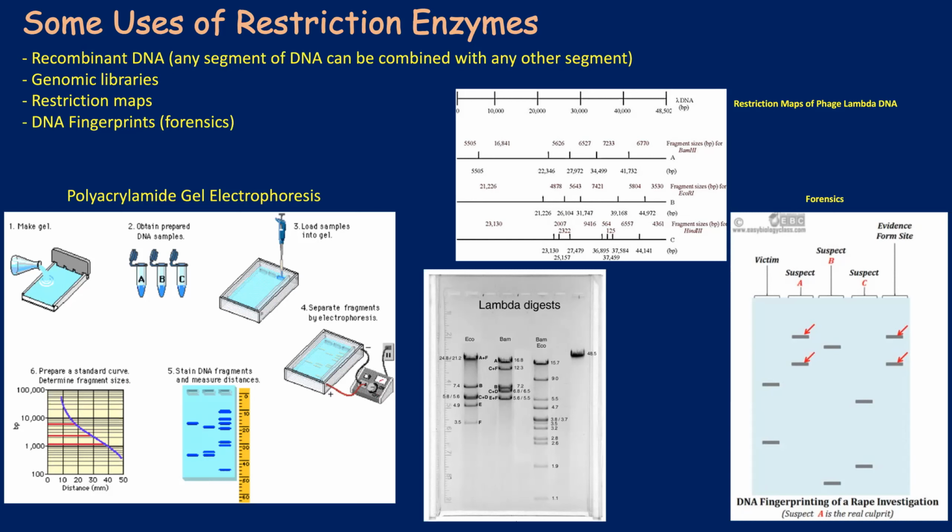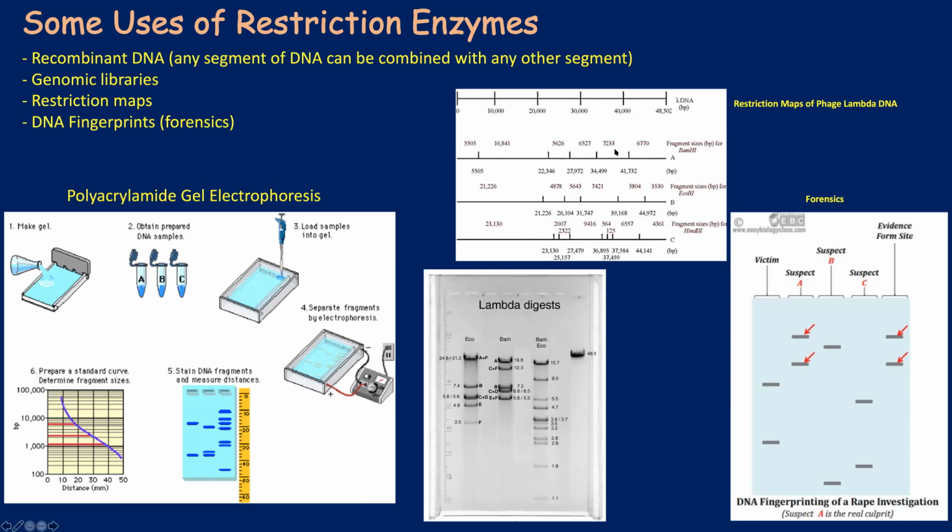So if you start, for example, with a restriction map of a virus, bacteriophage lambda. So here you have at the top of the center diagram, the genome of lambda from 0 base pairs to 48,000.